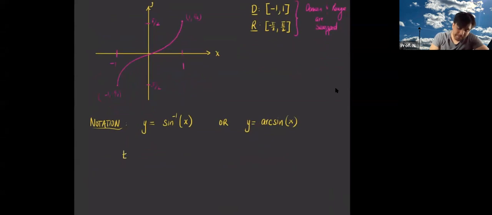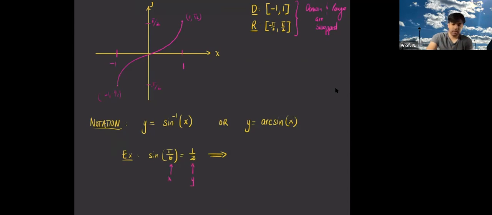So for example, if I give you sine of pi over 6 is 1/2, then what would be the inverse? How would I write this as an inverse function? This is very similar to what we did with exponential and logarithmic expressions, right? Remember, this is my x, this is my y.